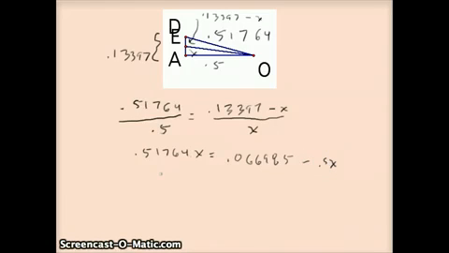Add the 0.5x to both sides to get 1.01764x equals 0.066985. And when you divide both sides by 1.01764, you get an answer for x of 0.06583.